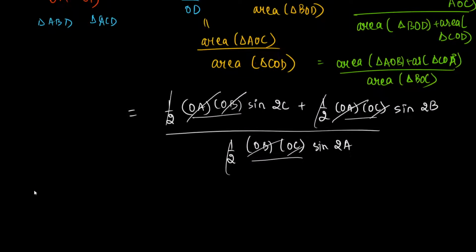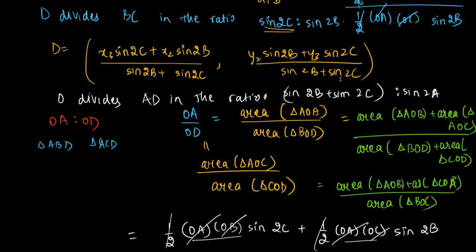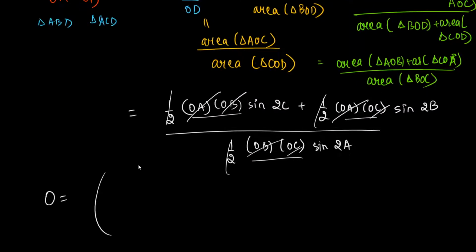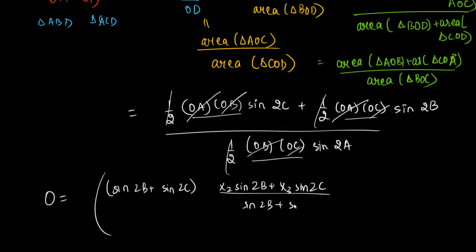So O is now going to be equal to the x-coordinate, the second x-coordinate in this case being the x-coordinate of D, multiplied by the first part of the ratio. So sine of 2B plus sine of 2C is multiplied by x2 sine of 2B plus x3 sine of 2C divided by sine of 2B plus sine of 2C, plus sine of 2A into x1.